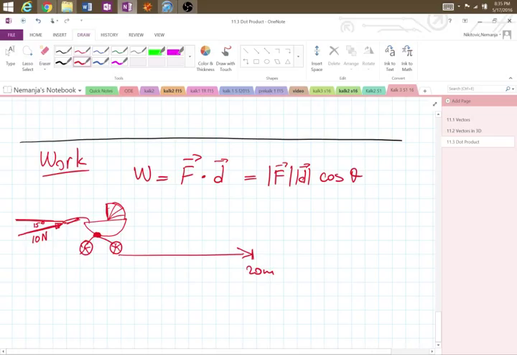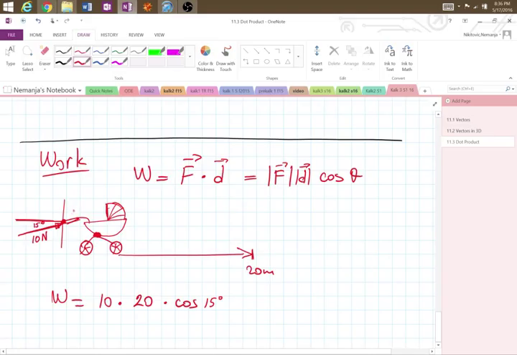All right. So now we compute this. We have the formula. We just plug things in and we're done. So what's the work? Work is the magnitude of the force, which is 10 newtons, times how far you're going, times the cosine of 15 degrees. Now, is it cosine of 15 degrees? We have to be a little bit careful, right?